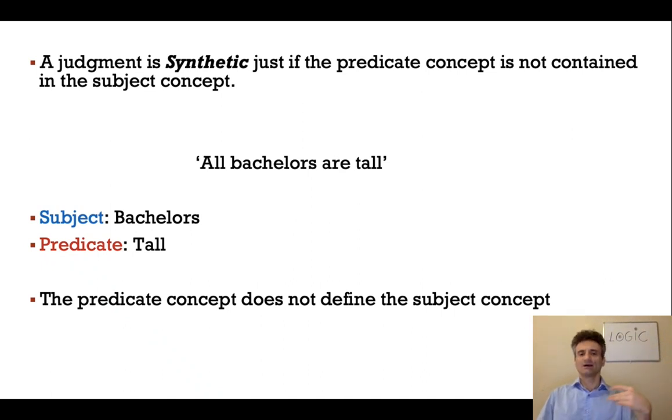Tallness is a description of bachelors, in this case, all bachelors. So it's not that we define bachelors as tallness. Bachelors will have that property if it's true. Some bachelors at least have that property, the property of tallness. But that's something that is attached to the subject. It's not inherent within the subject.